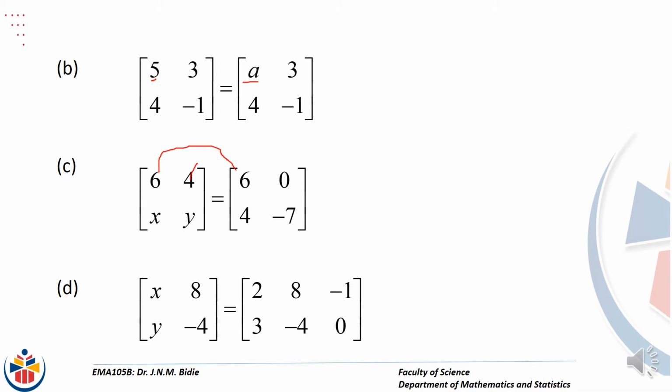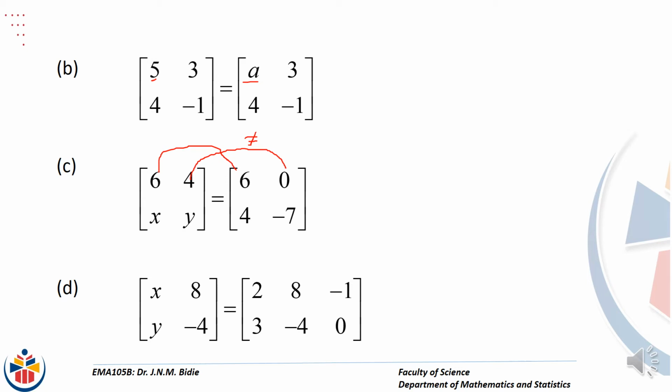But 4 and 0 are not equal. So you can't continue. So the first thing, check the sizes, then check whether the entries in the same position are equal. So this one cannot be solved. It's impossible because the 4 is not equal to 0. That is your reason.